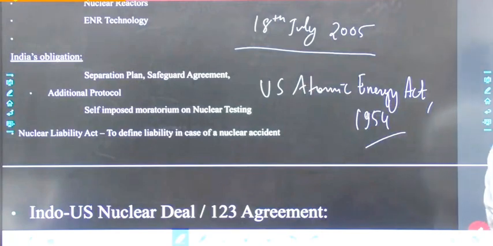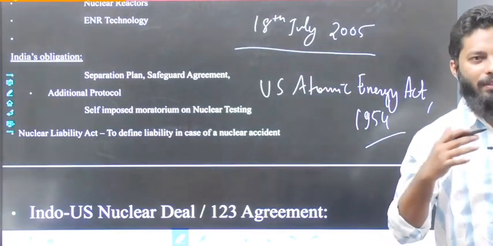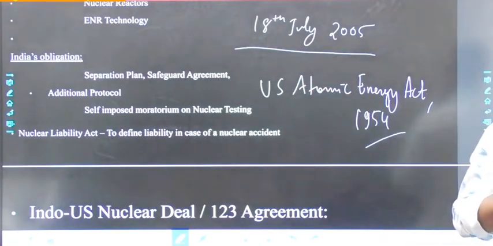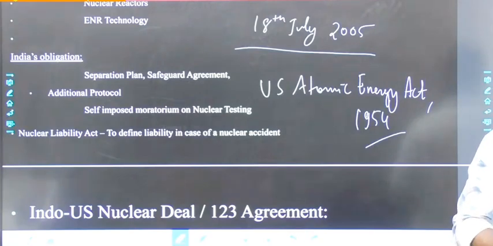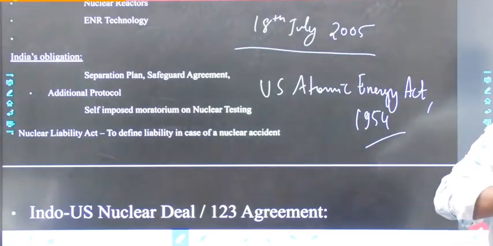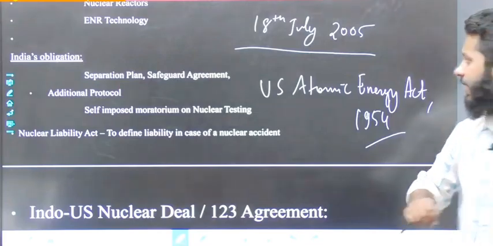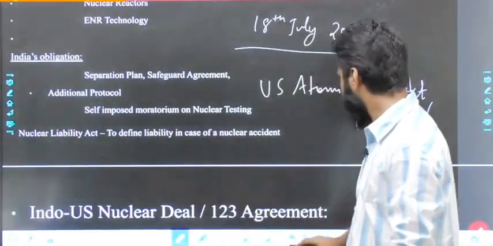So there is a section in this law that if the President of the United States is satisfied and the country has signed the NPT, then the US can share nuclear technology with any country. So there are two things.